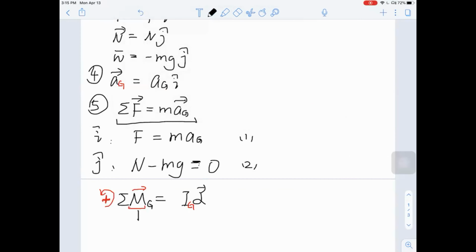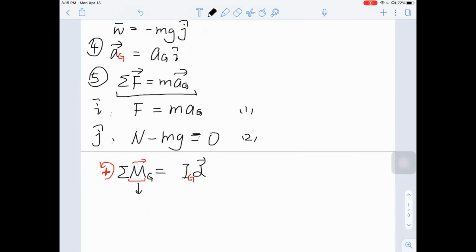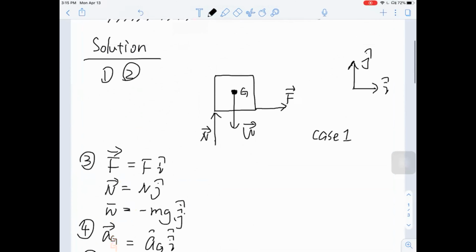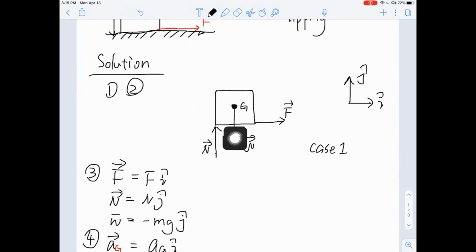Okay, now let's first look at what are the sum of moments from each force. Go back to free body diagram. Look at this first force, normal force. What's the moment caused by this normal force about G? First, look at what direction of rotation we have. And it's here, G is here. The rotation caused by N would be clockwise, if you can see that point G. So that moment is negative.